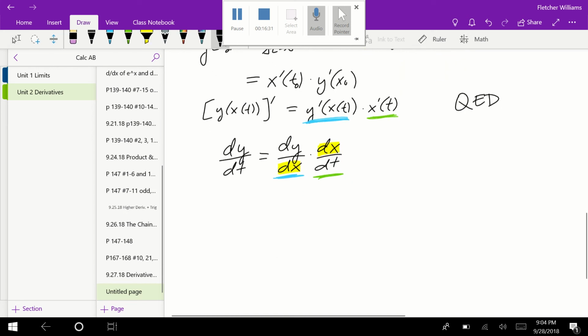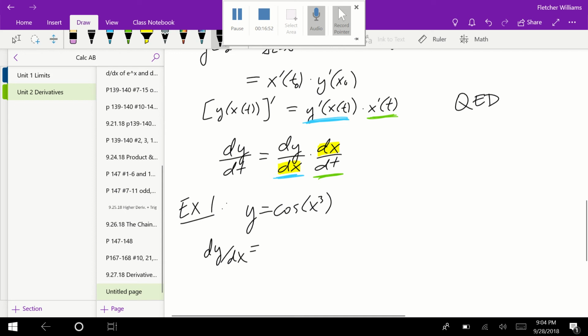Okay, so now some examples of problems to help you see how this all comes into play. Let's take that first example I gave you. y equals cosine of x cubed. Find dy dx.